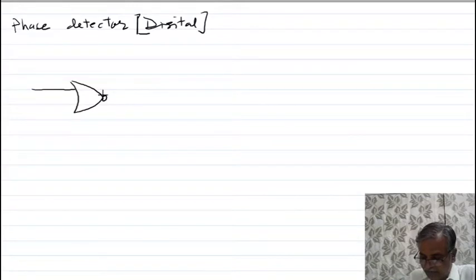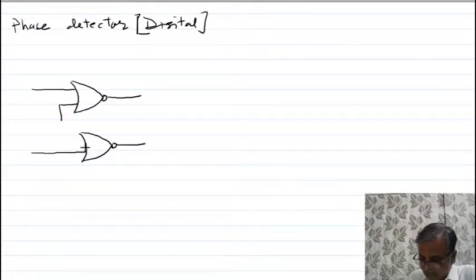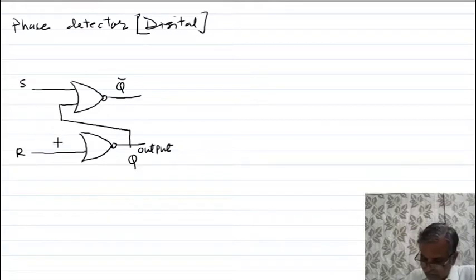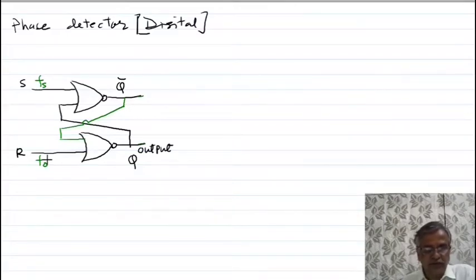This is the circuit diagram of the RS flip-flop using NOR gate, as shown in the figure.